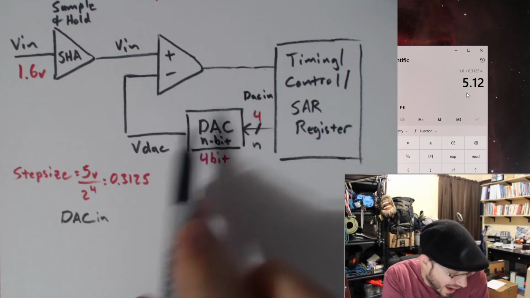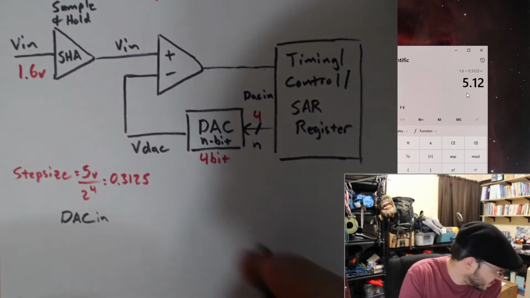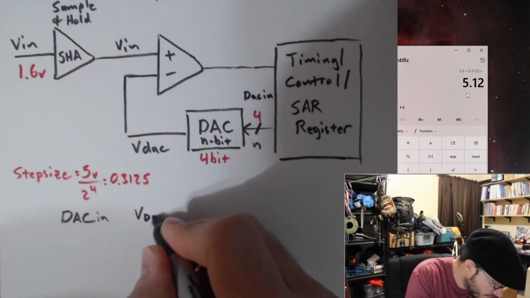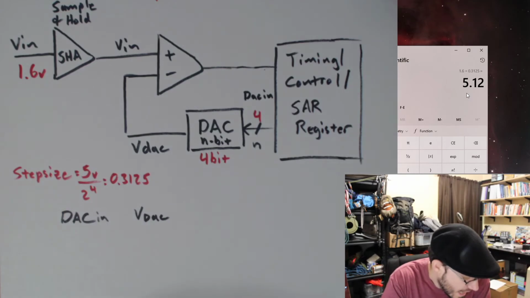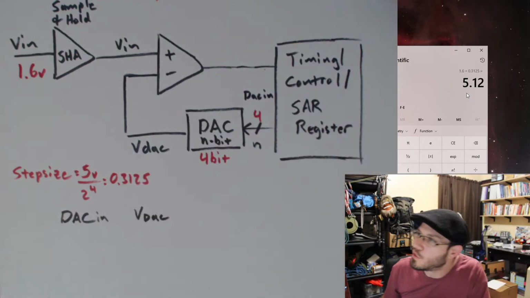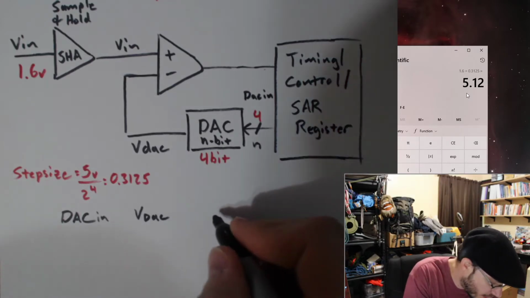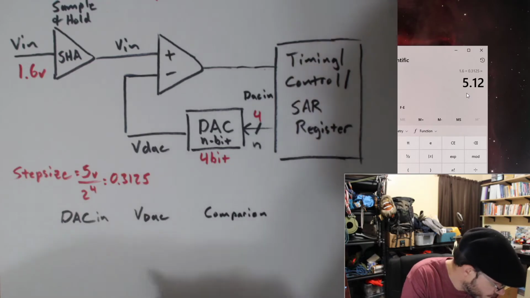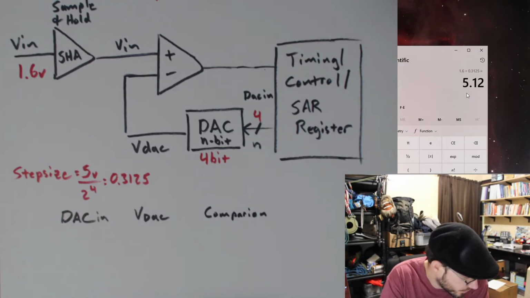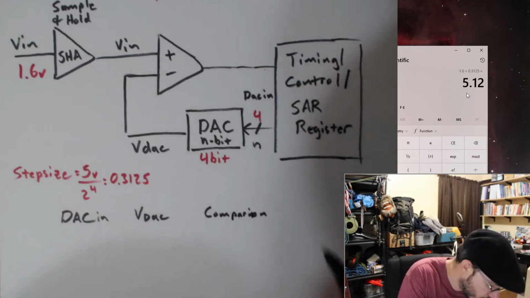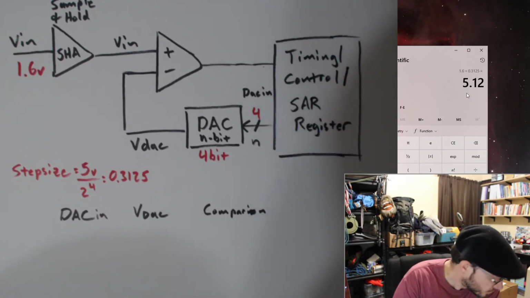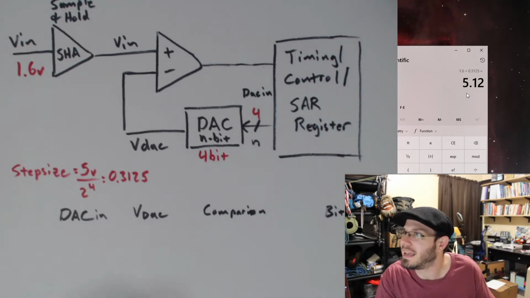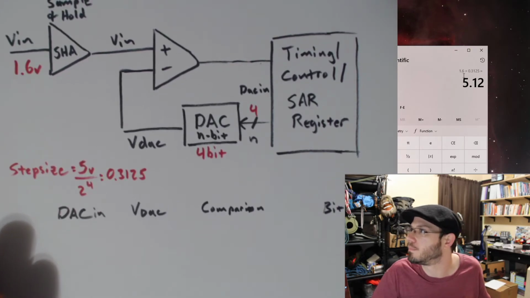And then the output from the DAC is going to be VDAC, so I'll list this as VDAC. And then I will put the result of the comparison in the next column. Comparison. And then we'll look at the bits in the rightmost column.